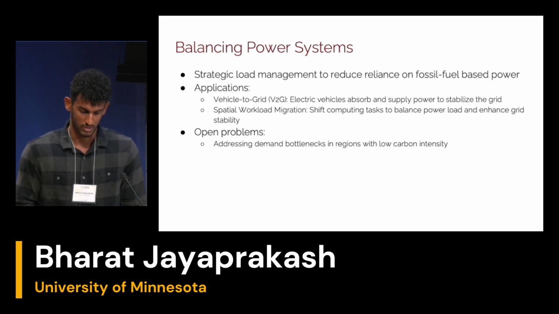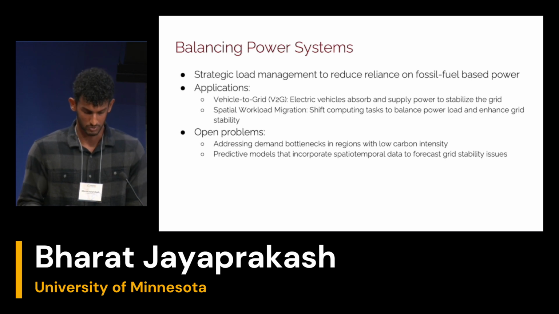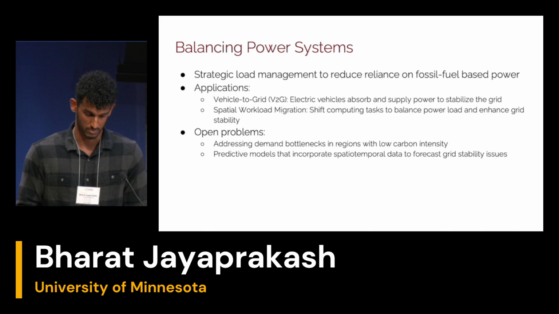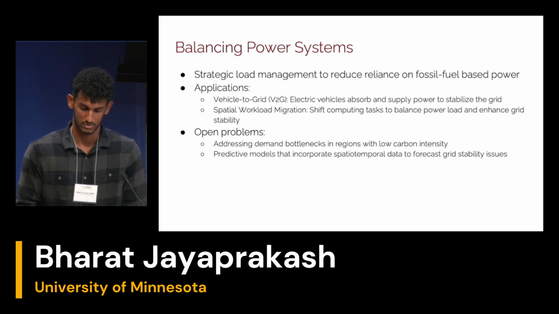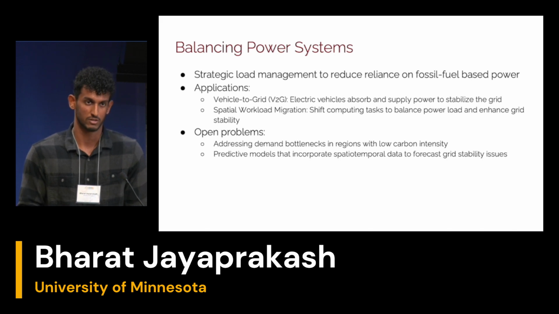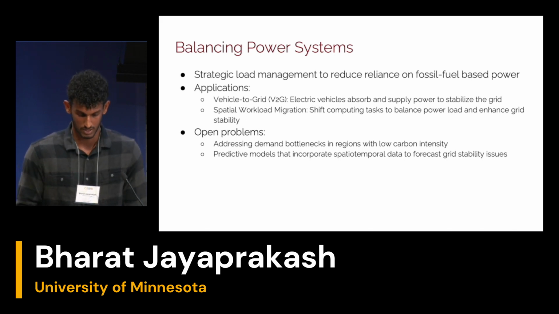Addressing these bottlenecks is, I think, of utmost importance. Future models, especially predictive models, could solve this problem by incorporating spatial and temporal dependencies of these emissions that can model the interaction between carbon emissions and the grid load, which could help in forecasting grid stability issues better.